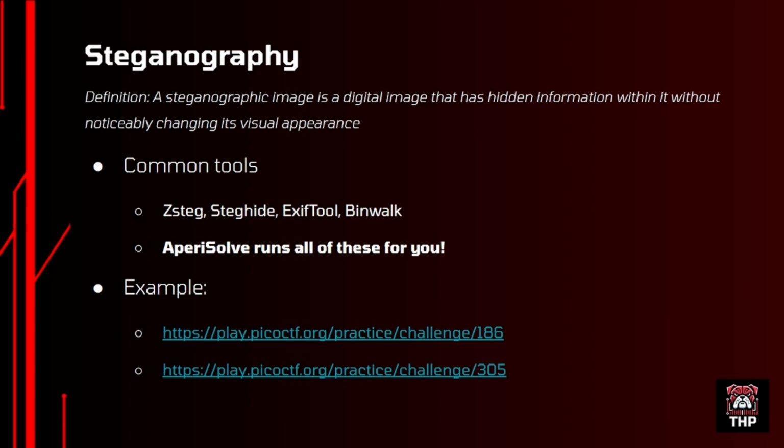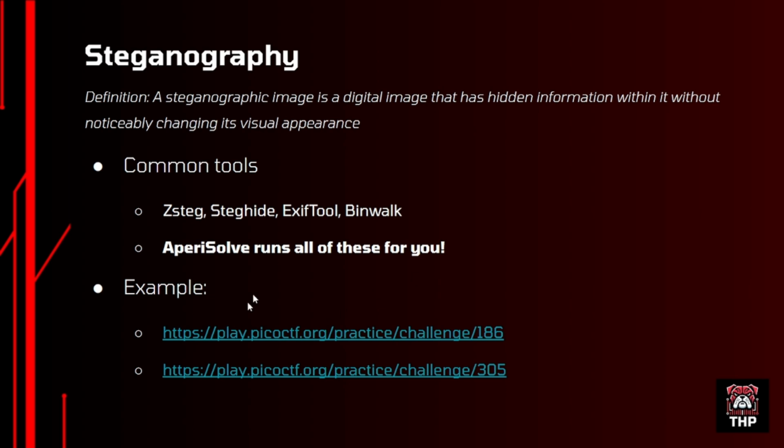But subtracting 1 from the decimal representation of that is still going to look just like white. It's going to be a little bit different, but you're just changing the least significant bit, so it still looks like perfect white. That is what steganography pretty much leverages to hide information. When you open that file and all of these colors have been changed so slightly, the human eye can't even recognize that, but there is information hidden in it.